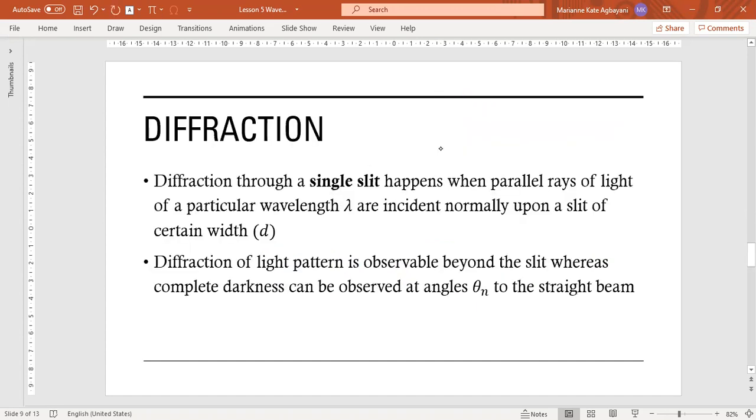So diffraction through a single slit happens when parallel rays of light of a particular wavelength are incident normally upon a slit of a certain width. Diffraction patterns are observable beyond the slit, whereas complete darkness can be observed at certain angles to the straight beam.